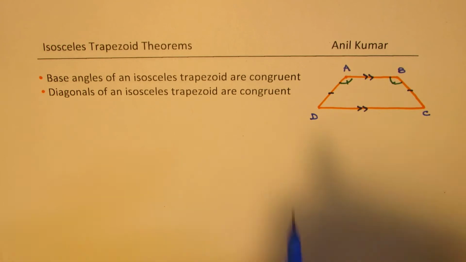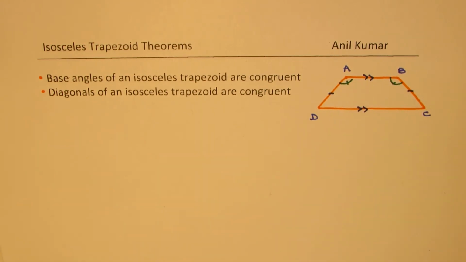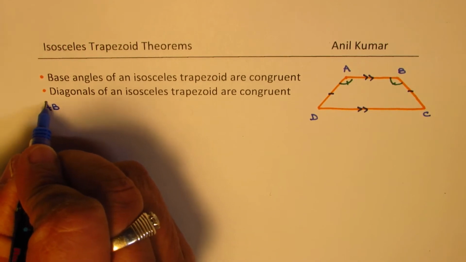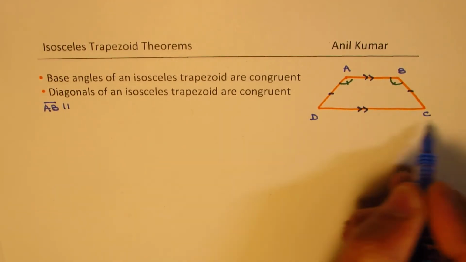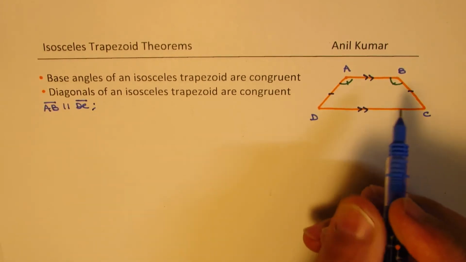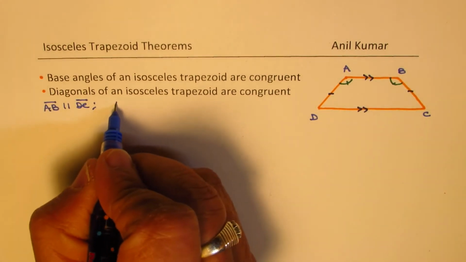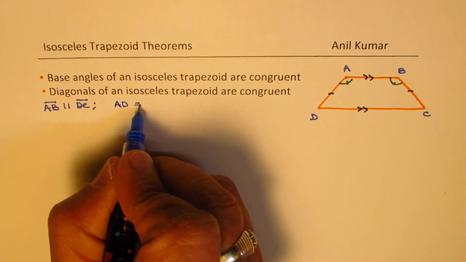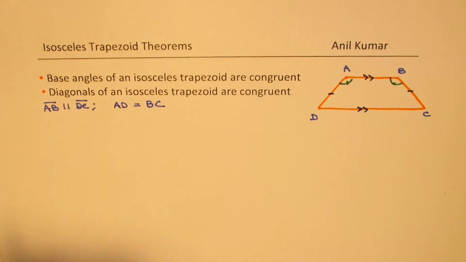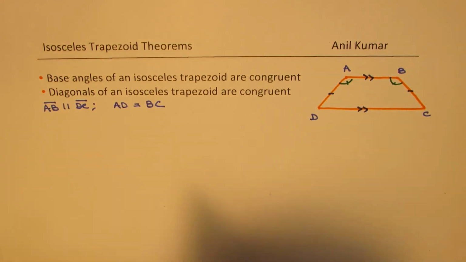So we are given here that AB is parallel to DC. We are also given that AD is congruent to BC, right? So these two sides are equal. So that is given to us.